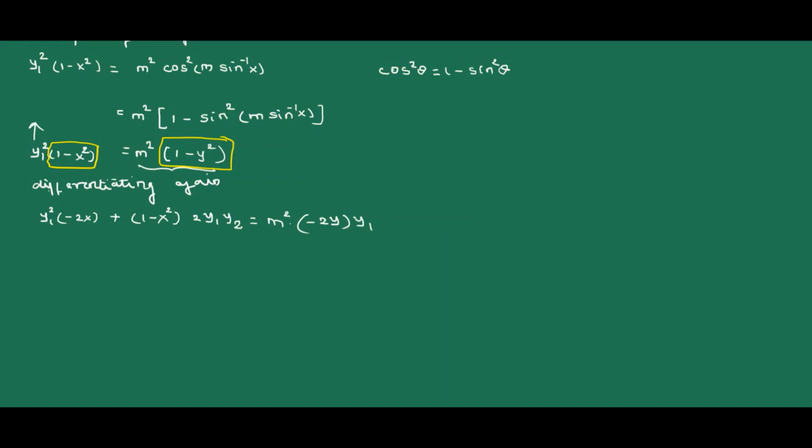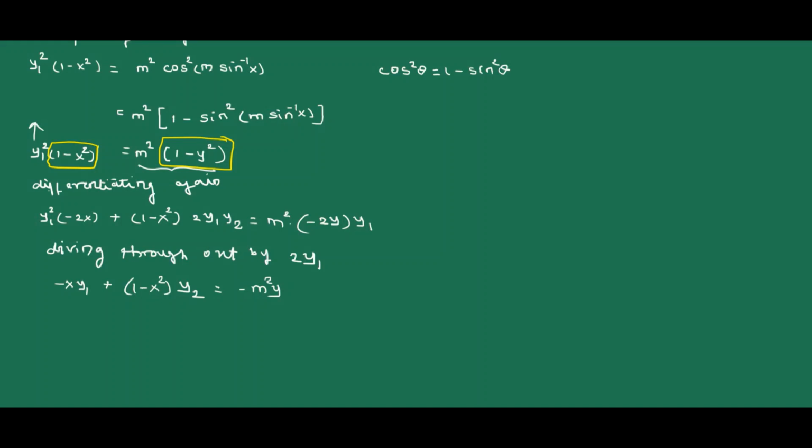Now dividing throughout by 2y1, we are left with minus x y1 plus (1 minus x square) y2 is equal to minus m square y.